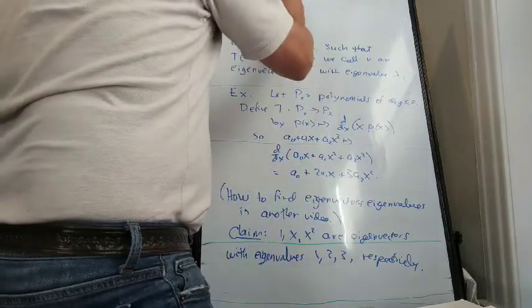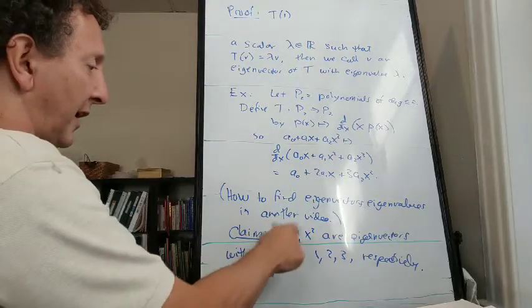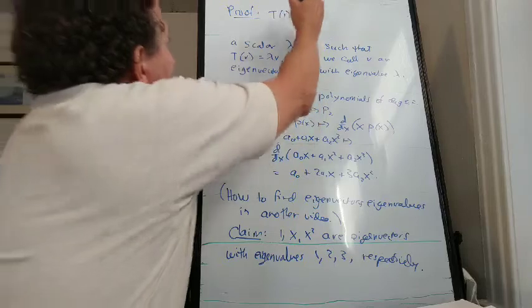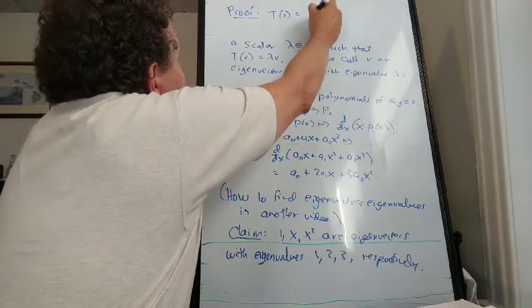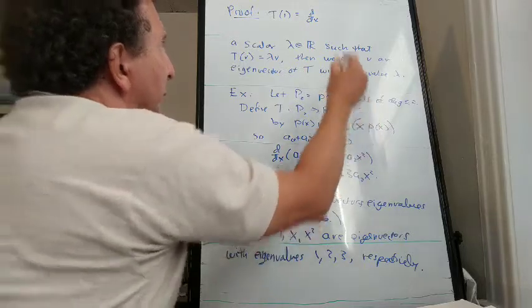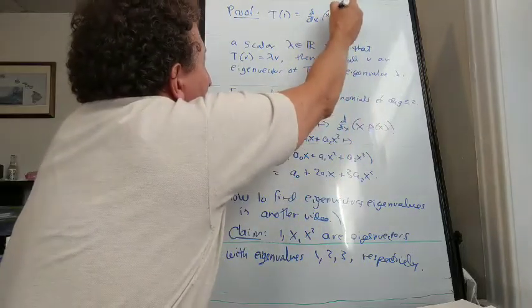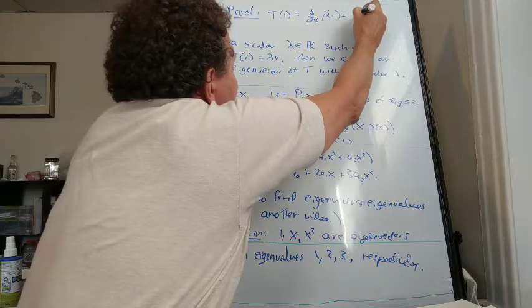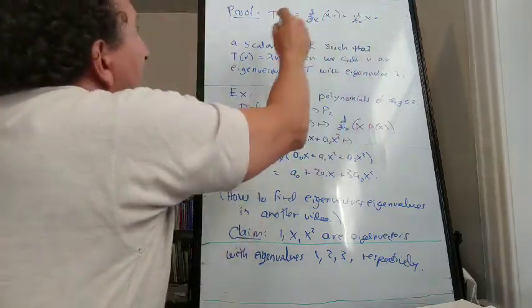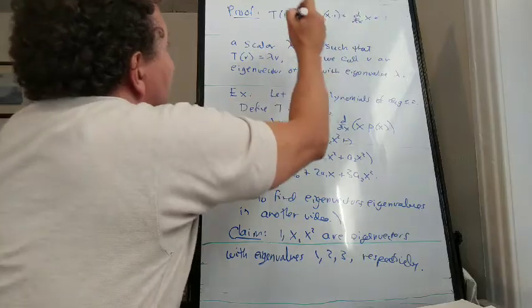To prove this, I'll just apply the linear transformation to 1, to x, and x squared, and we'll see that each one gets mapped to a multiple of itself. So T of 1 equals the derivative of x times 1, which is derivative of x, which is 1. So 1 got mapped to 1 times itself.